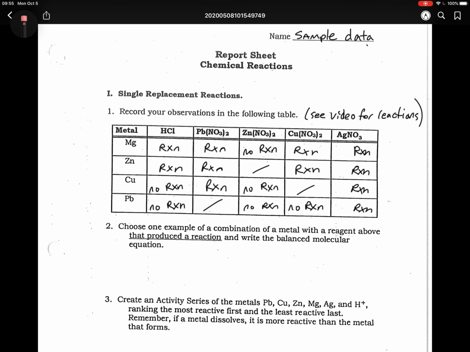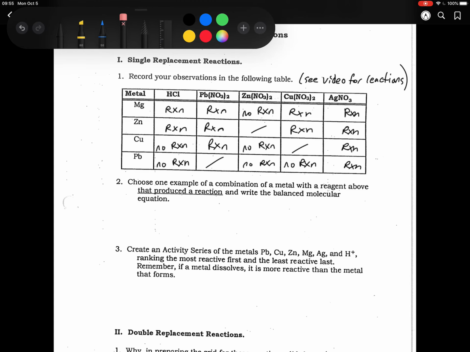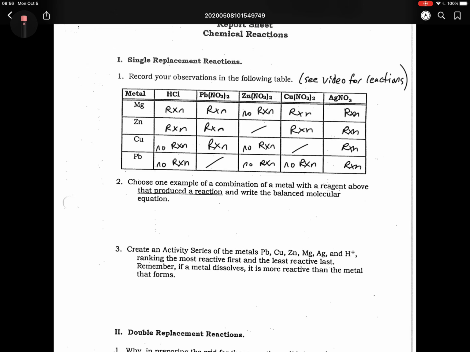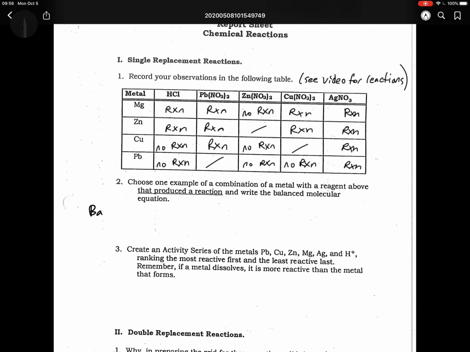Your task here in these first two parts of part one is first to just write a balanced equation.